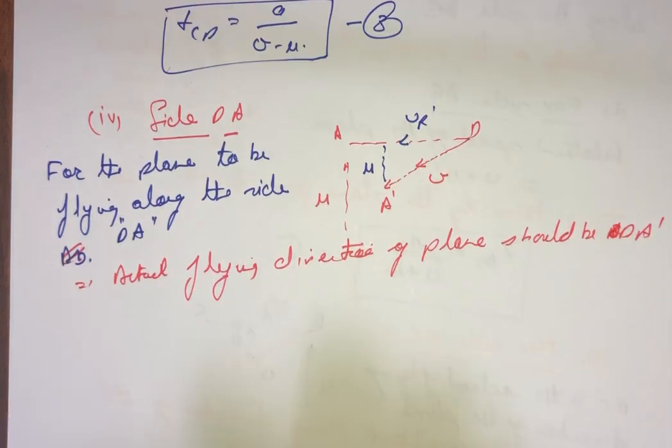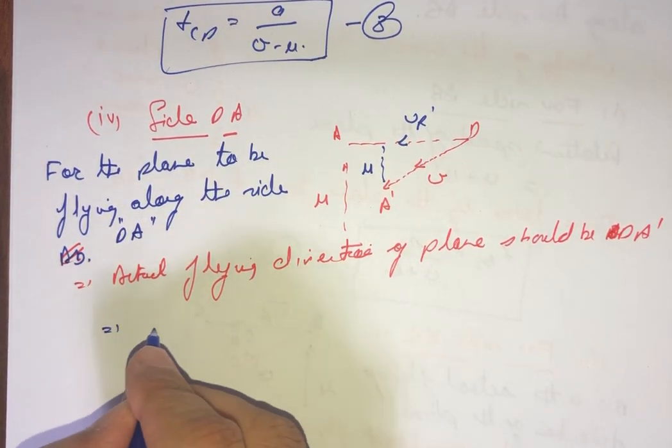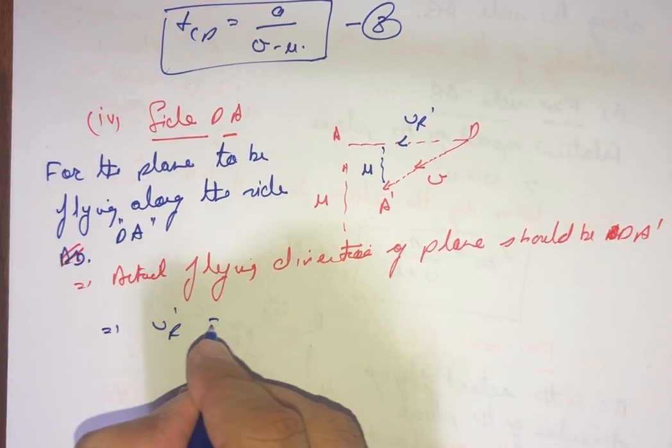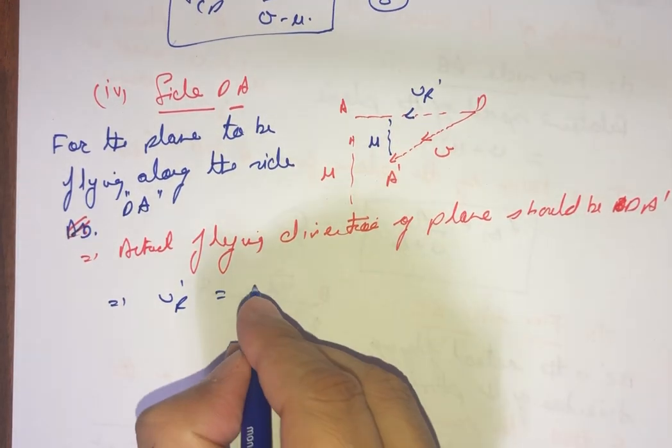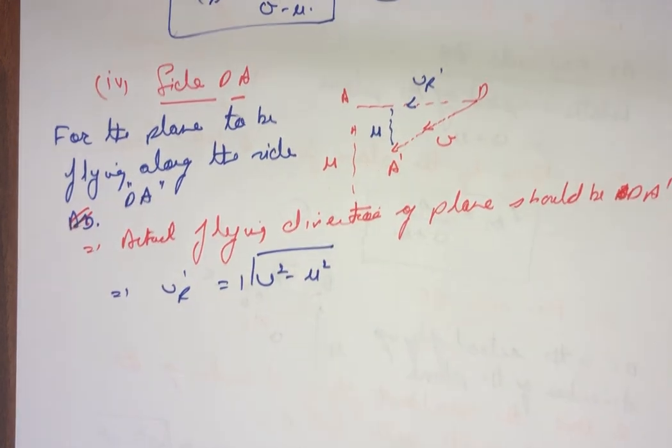So which implies that resultant V prime will be equal to square root of V square minus U square.